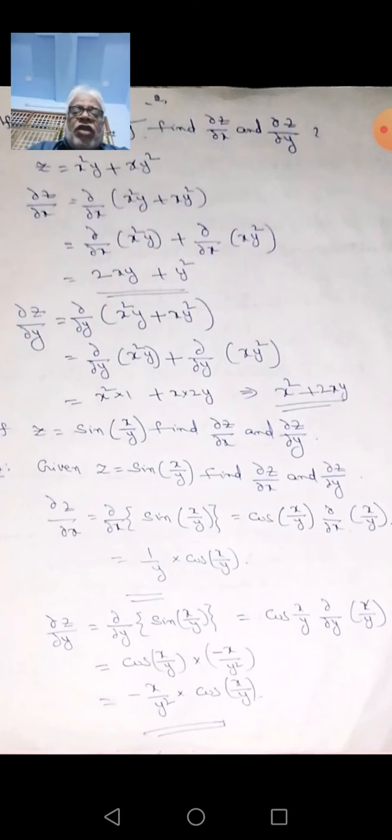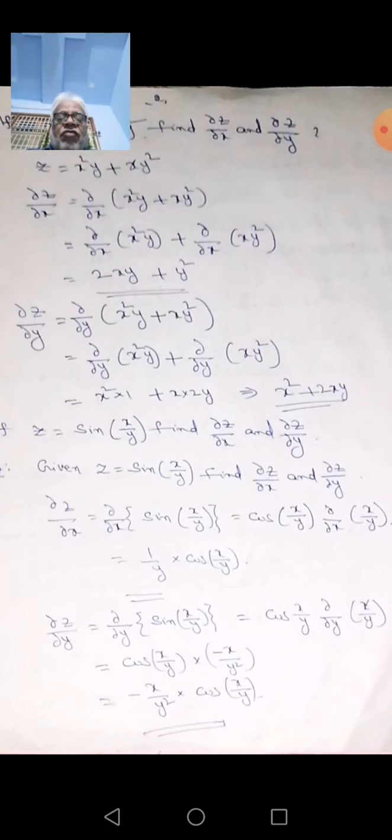So what is dou z by dou y? Dou z by dou y is dou by dou y of sin of x by y. In this function we cannot separate x and y. X by y is a single function here, so the derivative of sin of x by y is cos of x by y, but the internal derivative is different.